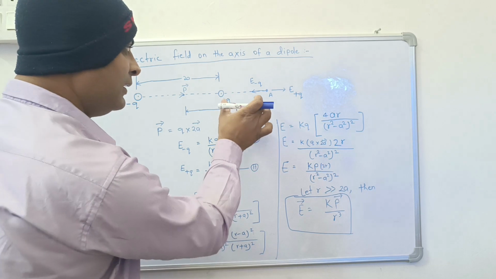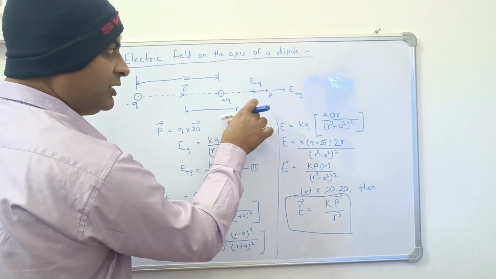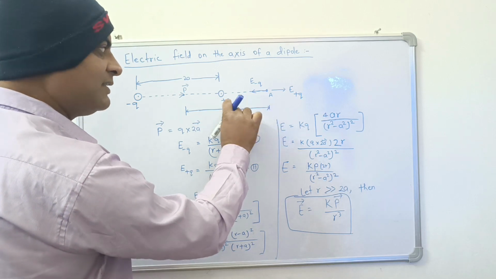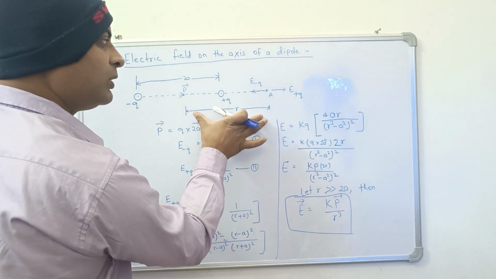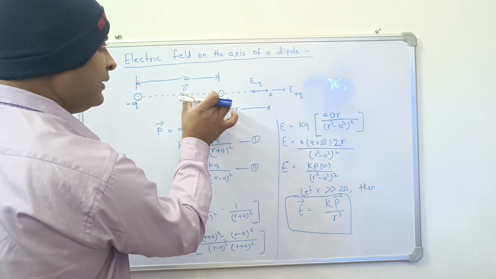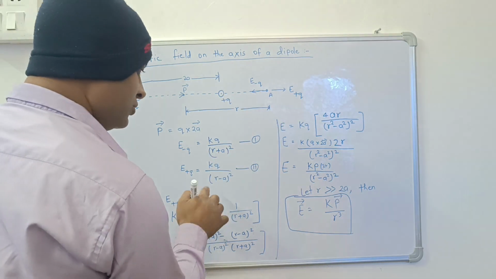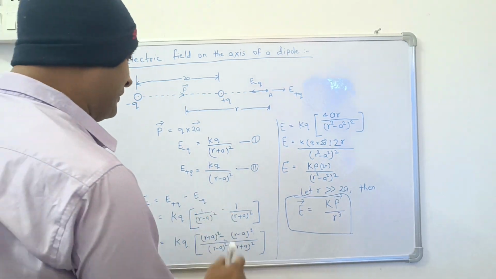Did you get it? So the field is kQ upon (r minus a) squared.